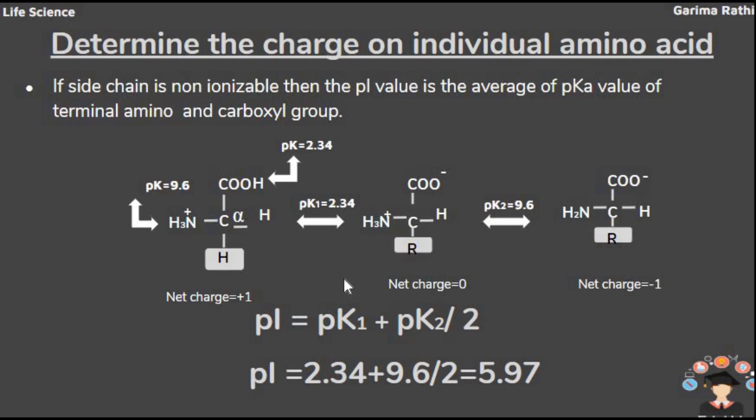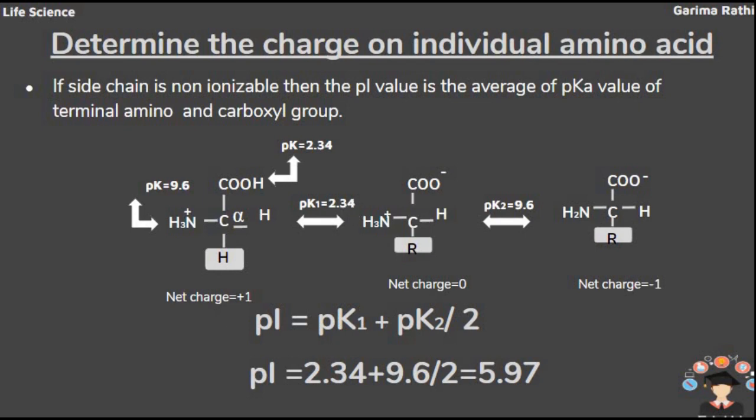If the side chain is non-ionizable, I am using glycine as a reference to clear this concept. In glycine, the alpha carboxylic group pK value is 2.34 and the alpha amino group pK value is 9.6. Because there is no ionizable side chain, there is no additional pK value.